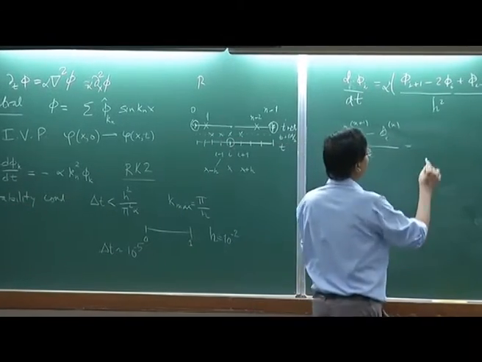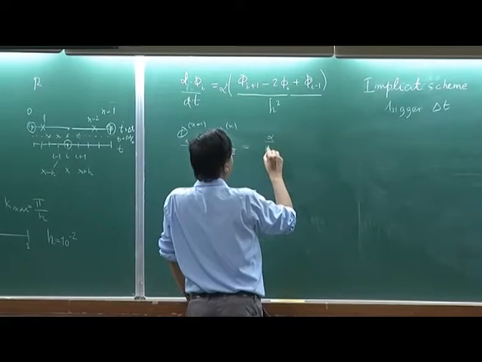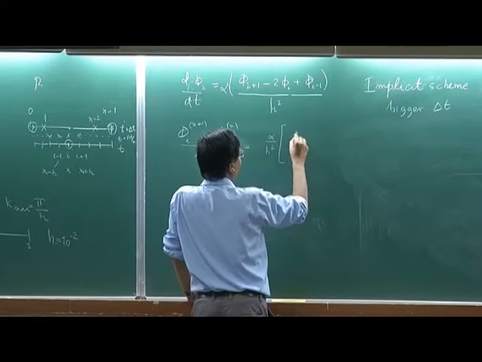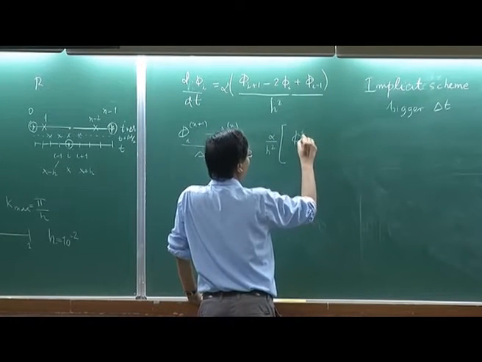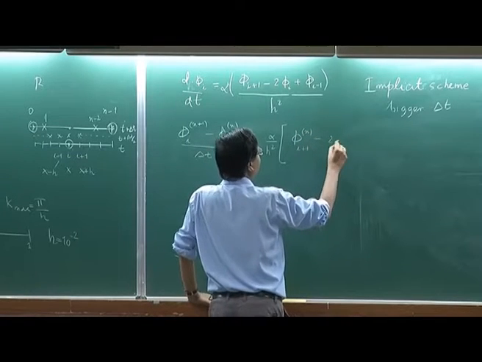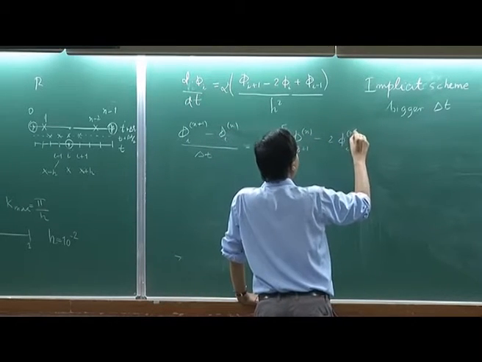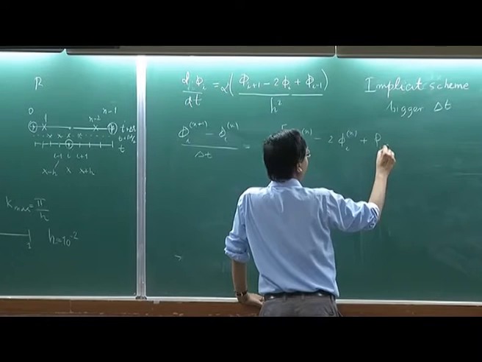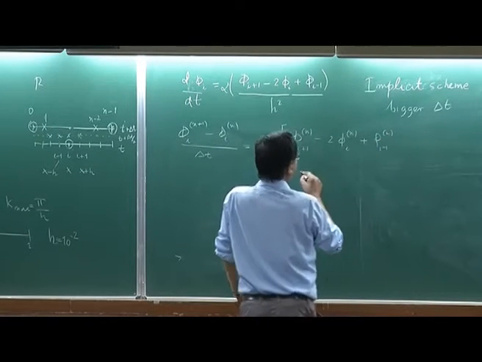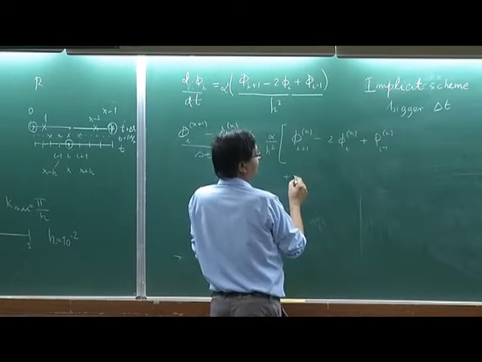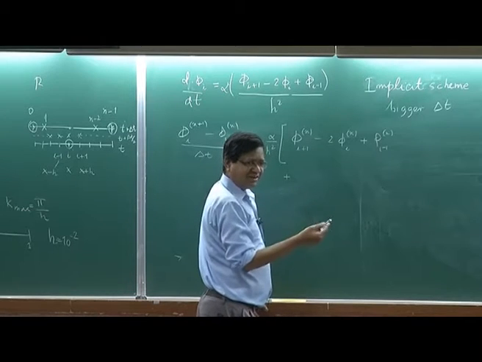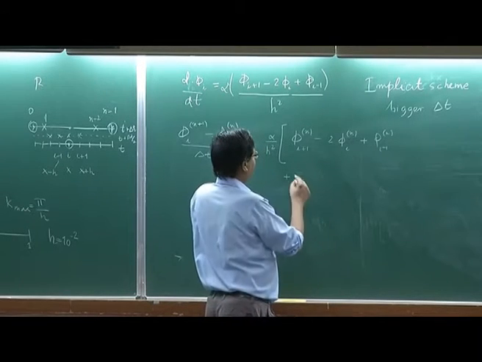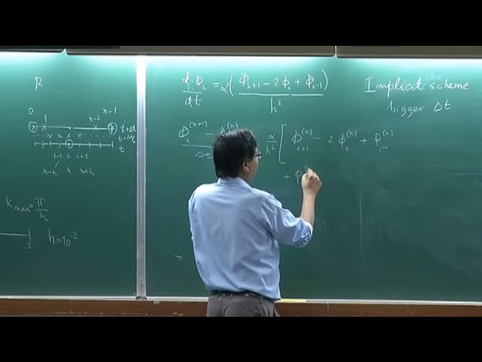So, this is going to be alpha by h squared times phi i plus 1 n minus 2 phi i n plus phi i minus 1 n, plus the second part at n plus 1.